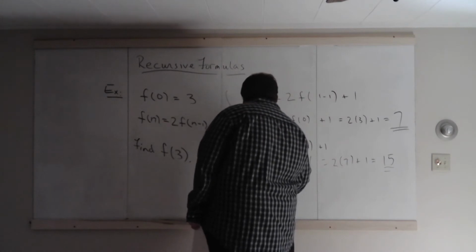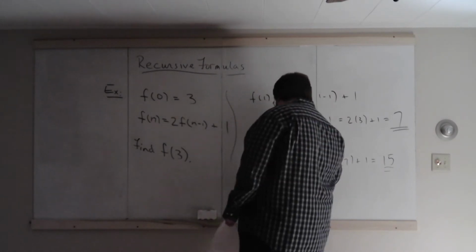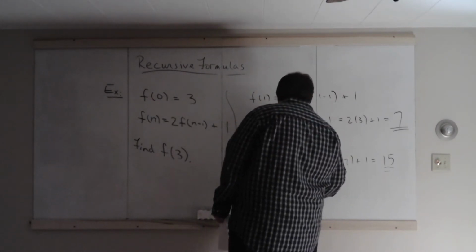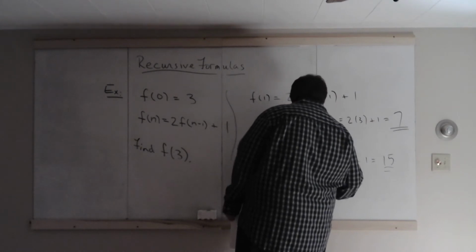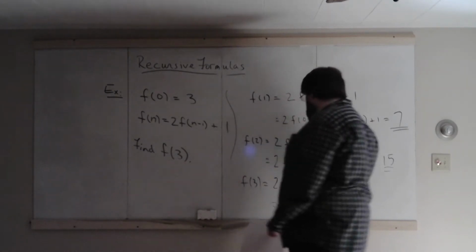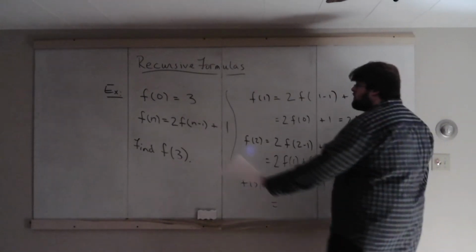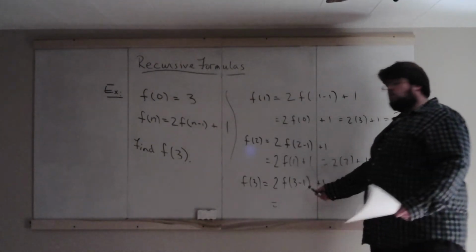Well, now we can finally find f of 3, because f of 3 is 2f of 3 minus 1 plus 1. Replace n with 3 here. 3 minus 1 is 2.